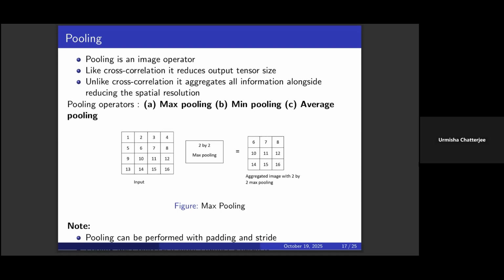There are three types of pooling: max pooling, minimum pooling, and average pooling. In this case also there is a sliding window, and you consider a smaller region of the two-dimensional array, and then aggregate the information within that smaller region to constitute a smaller output image.